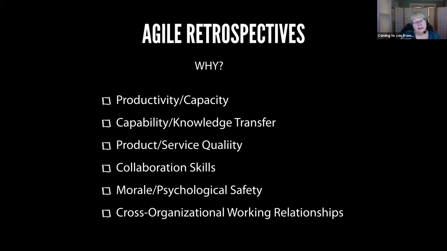And morale and psychological safety get better and stronger, and of course psychological safety leads to overall success and better cross-organizational working relationships, particularly when we're talking about doing retrospectives that aren't just focused in a team, but that are being done across the organization.